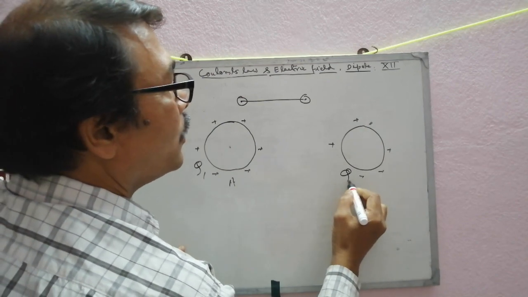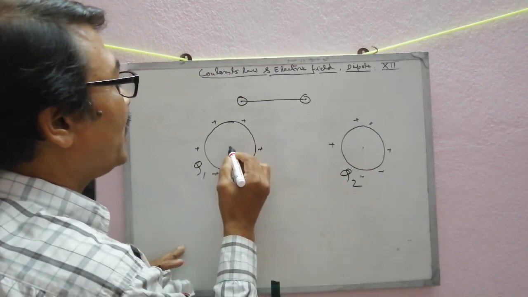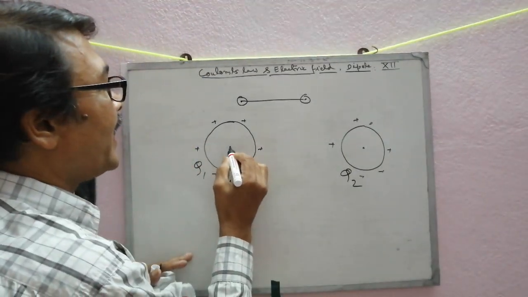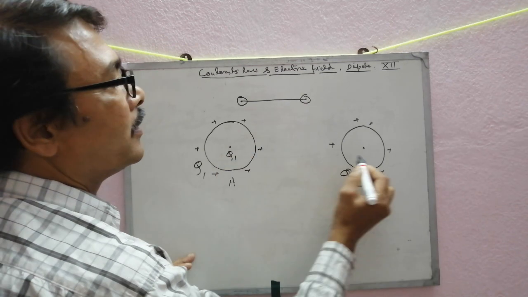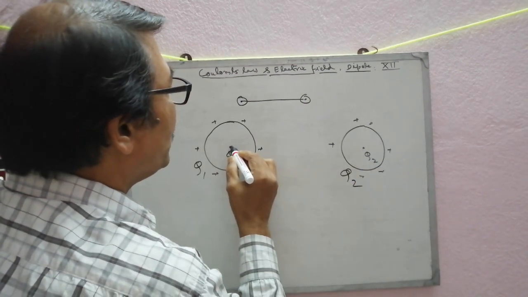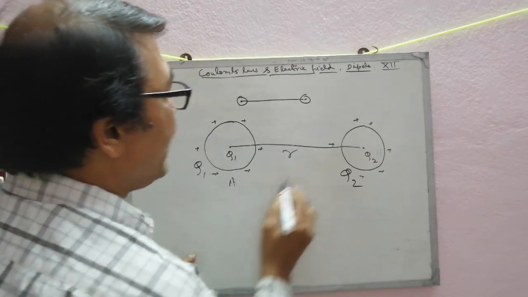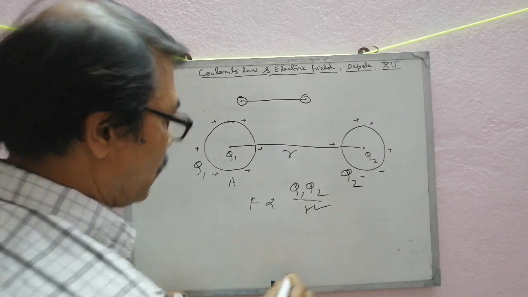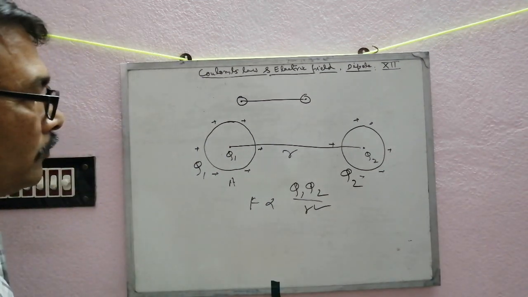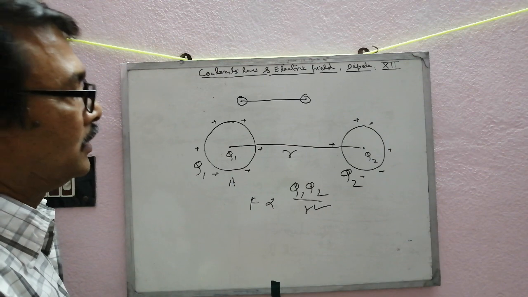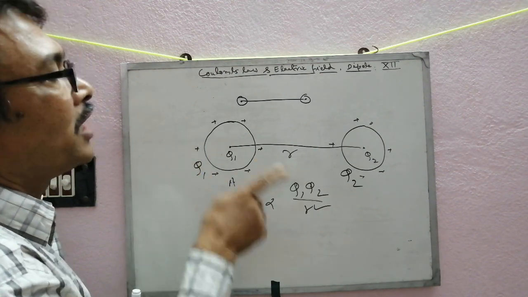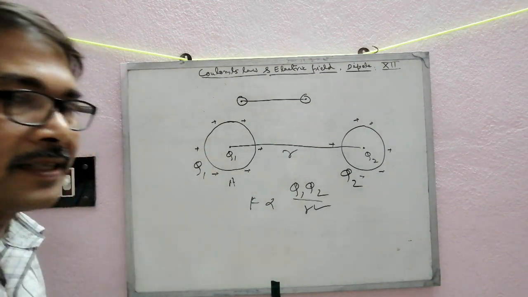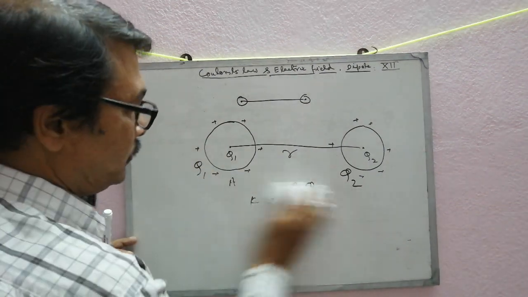The total charge we may consider concentrated at the center. In this way Coulomb's law is applicable, F proportional to Q1 Q2 by R square. So for a distribution of charge, Coulomb's law is applicable if we consider the total charge concentrated at the center, just like the center of mass.